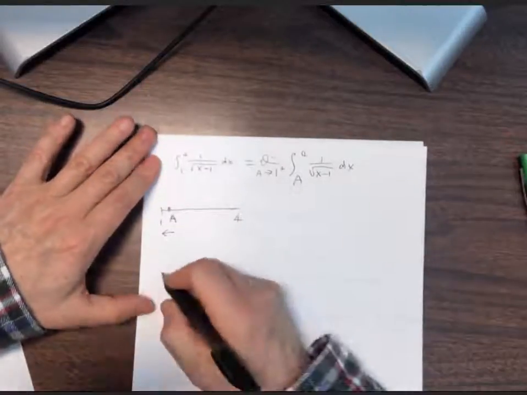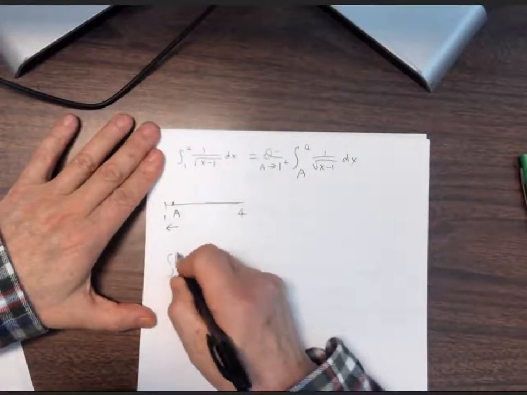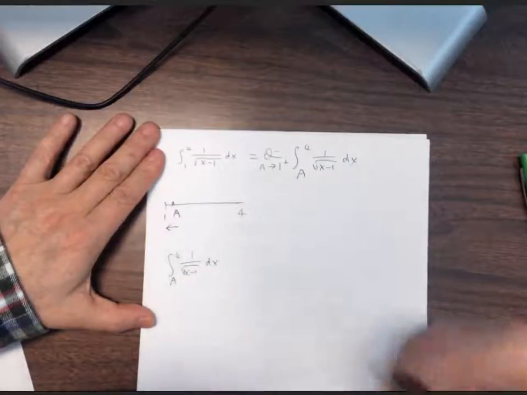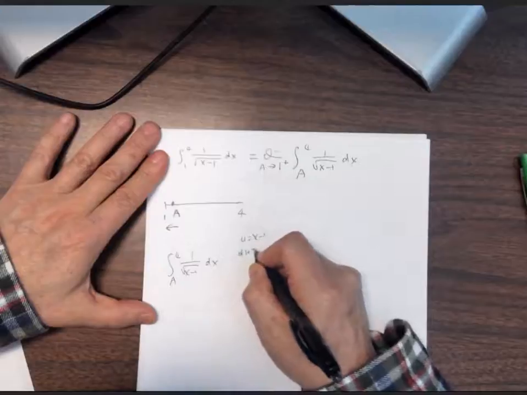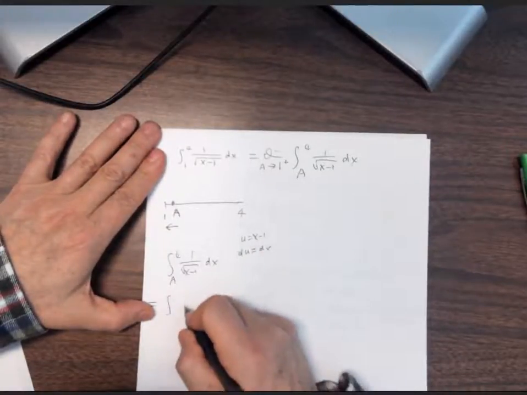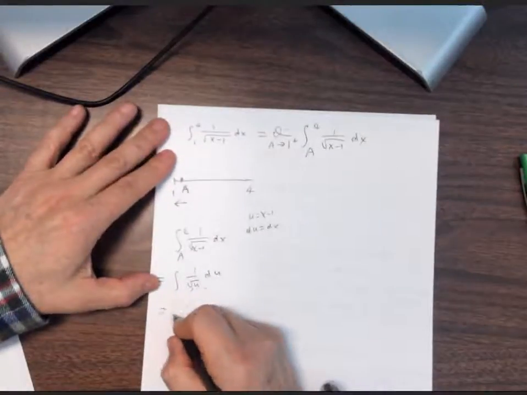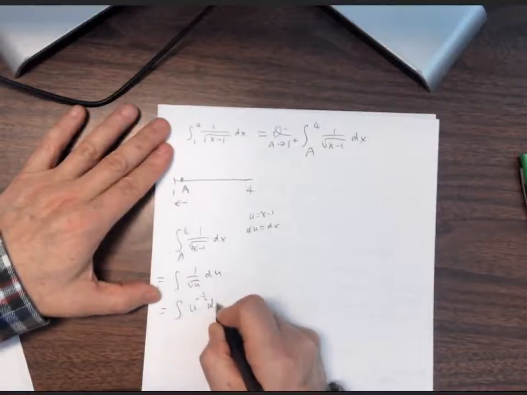Just like the first example, then we'll just work out this first and do a limit. Let's see, A to 4 of 1 over square root of x minus 1 dx. I'm going to do substitution, u equal to x minus 1, du equal to dx. So this becomes 1 over square root u du, or u to the negative half power du.